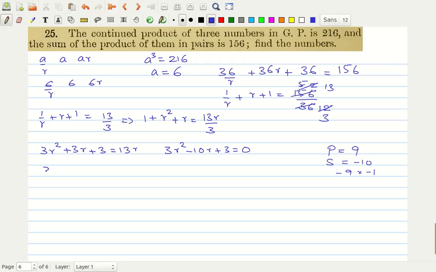So 3R square minus 9R minus R plus 3 is equal to 0. So take 3R as common.